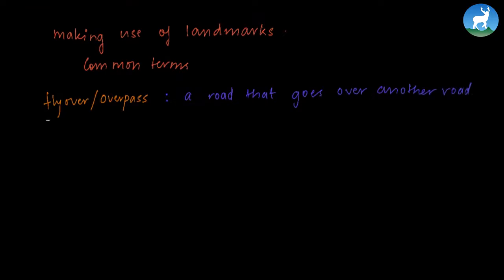Another, we can use zebra crossing as the landmark. So remember, if this is a road, for example, we have zebra crossings, right? Which is very similar to what I am drawing right now. Have you ever noticed the black and white marking in the road? That's zebra crossing.